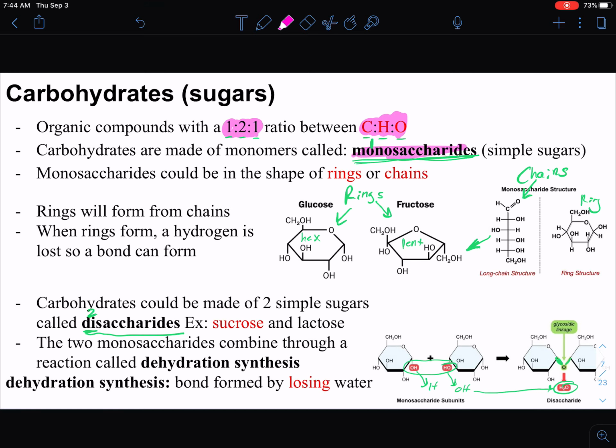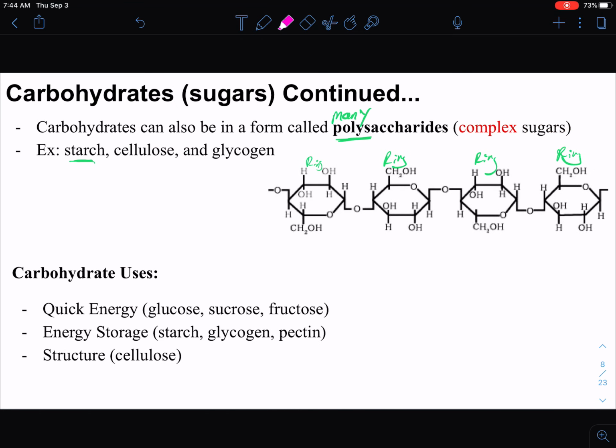What a monosaccharide is, what a ring and chain looks like, what a disaccharide is, and how carbohydrates bond through dehydration synthesis. And then what a polysaccharide is. And be able to try to identify some of them. For example, some of the common ones like starch or cellulose or glycogen. Be able to identify those as polysaccharides.